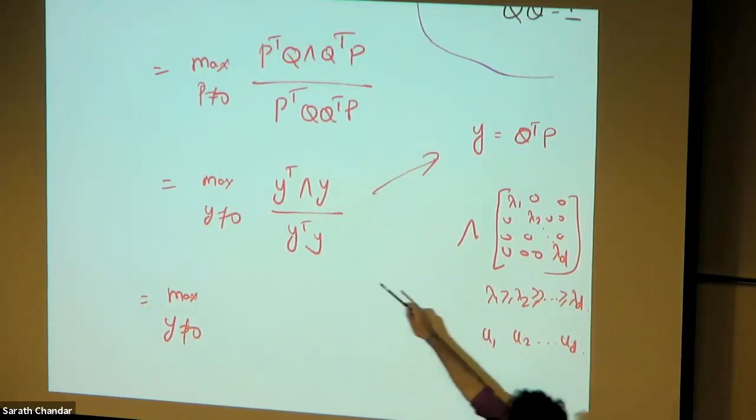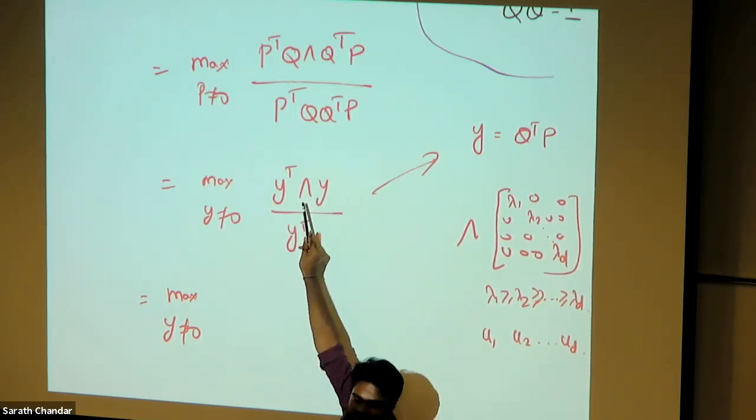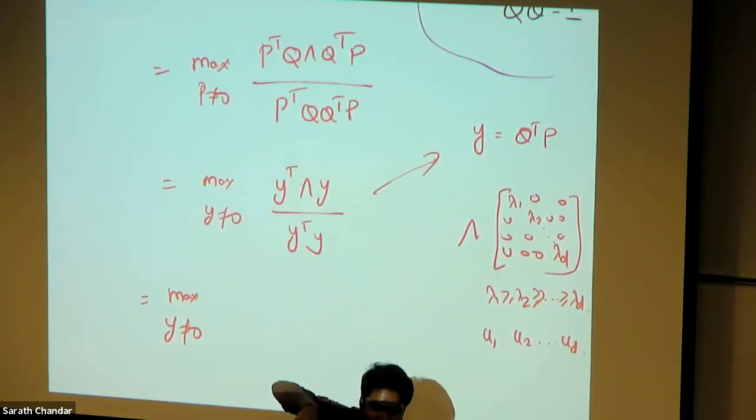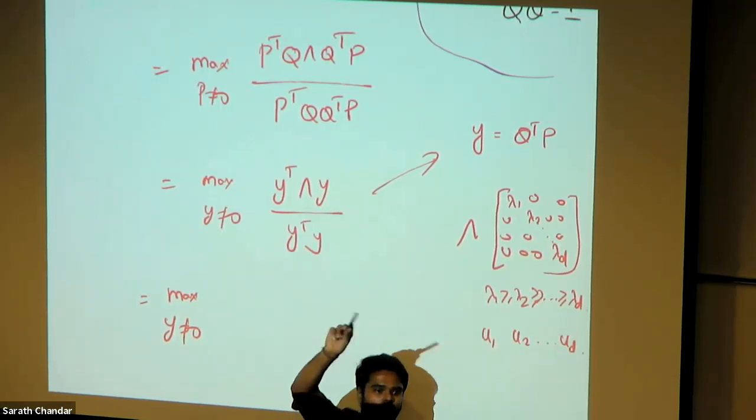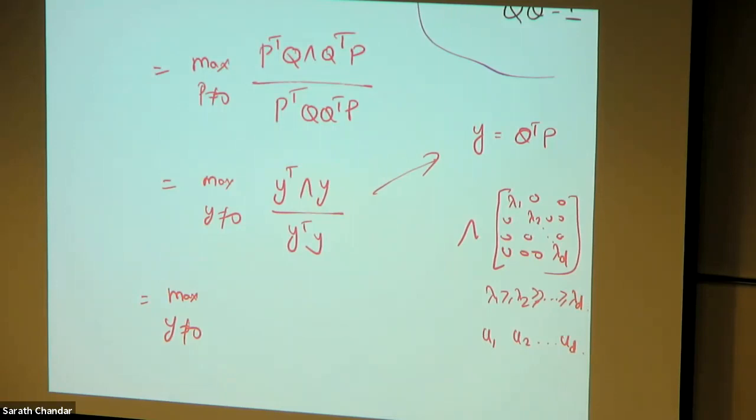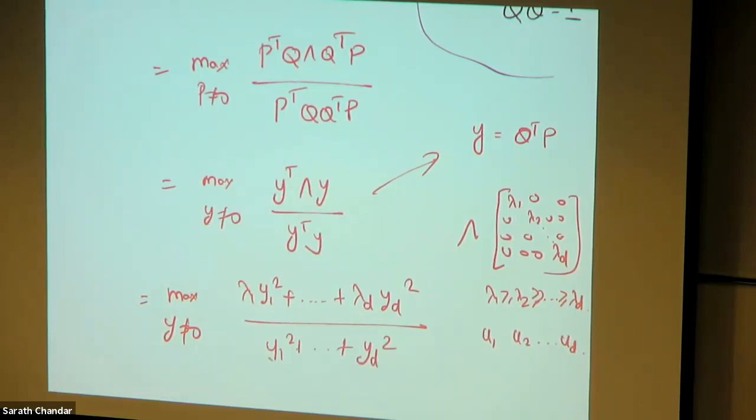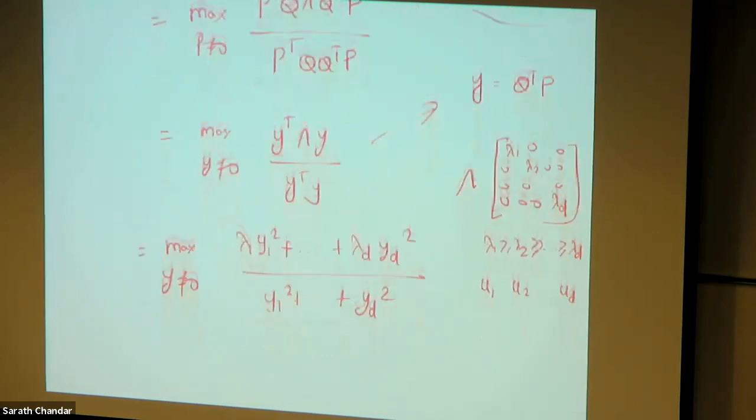Now you have this y vector multiplied by a diagonal matrix, which means every component of y is multiplied with one of the diagonal elements. So I can expand this whole operation: the numerator is lambda 1 times y1 square up to lambda d times yd square, and the denominator is just y transpose y, which is y1 square to yd square. Any questions so far? I'm doing these algebraic operations step by step, very slowly.